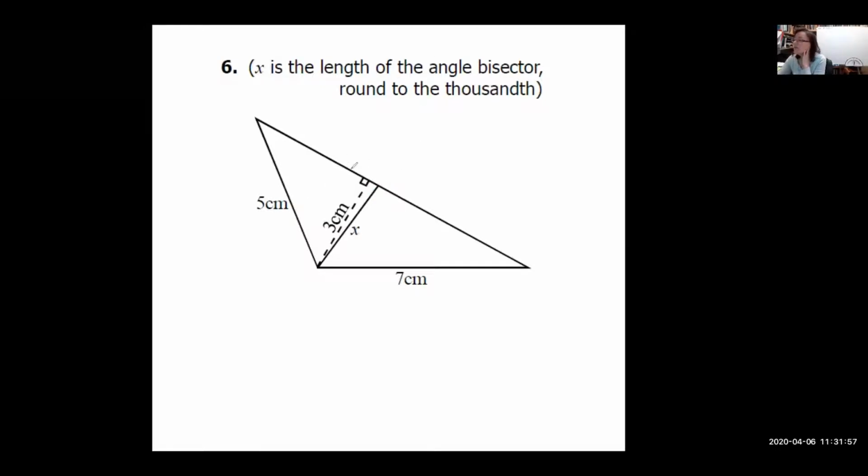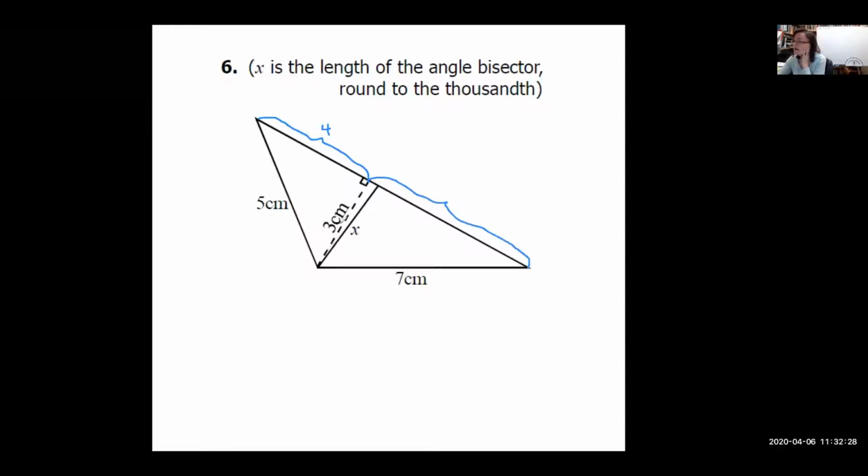But we do know that since this is a perpendicular, I can get this part here. This is going to be a 3, 4, 5 triangle. I can see that based on my Pythagorean theorem, right? And I know that this is 3, and I've got another right triangle here. So I could use the Pythagorean theorem.